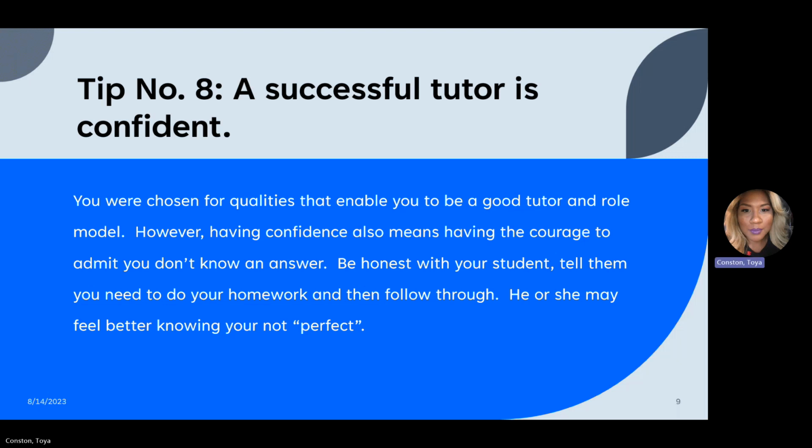The student may also feel better knowing that you're not perfect. And this may also allow them to not be quote unquote perfect and will encourage them to delve into more rigorous academic tasks and goals so that they reach their optimal educational outcomes.